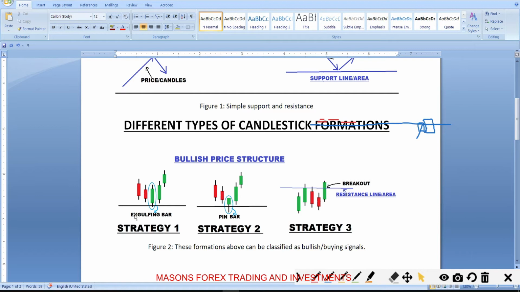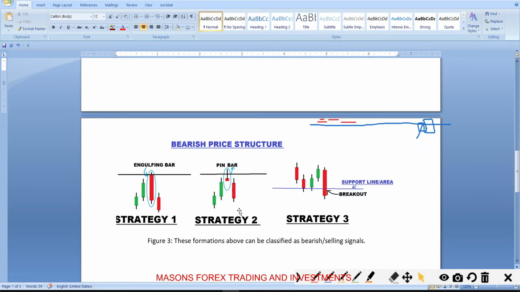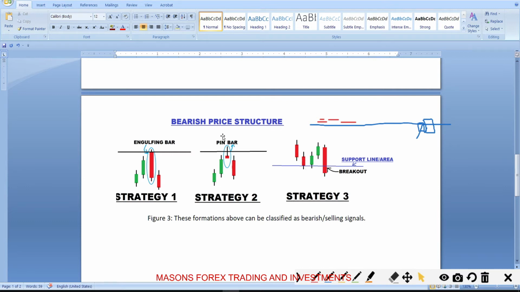Something similar to the engulfing bar strategy or this pin bar strategy, which can be adopted. That's for bullish price structure. If we're looking for some sort of selling, bearish price structure, we could have looked for this engulfing bar rather, and this pin bar with this bar here.